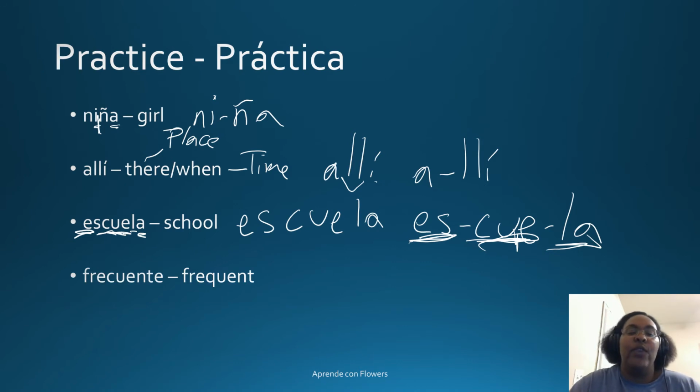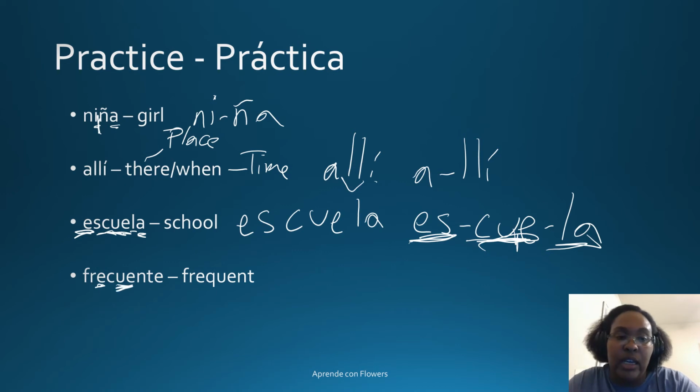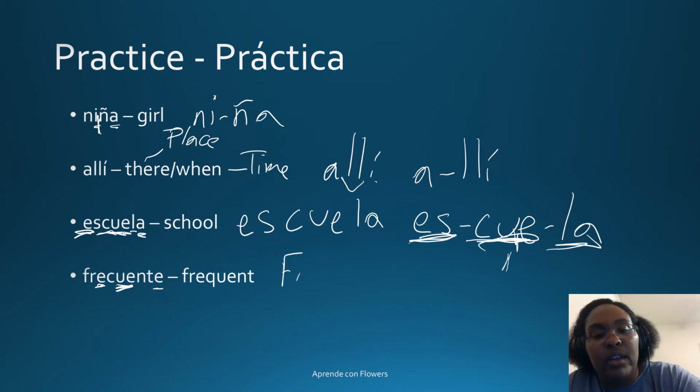Frecuente, frequent. So let's find our vowels. We have E, we have another UE, so we know that will most likely be the same as escuela, right? Then we have an E at the end. So we know from the first rule, when possible, syllables would like to end with a vowel. So we have frecuente.